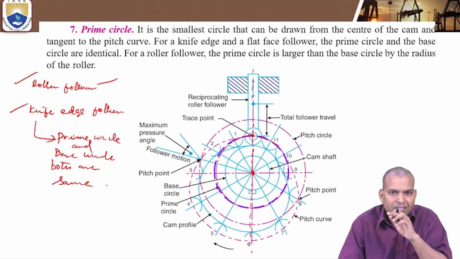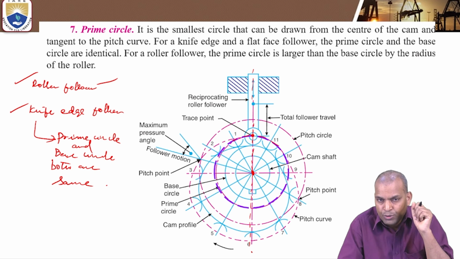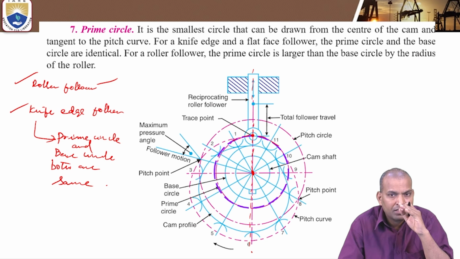So for offset axis, for drawing the cam profiles in the case of roller follower, it is not radial lines passing through the center of the cam to the divisions of prime circle.